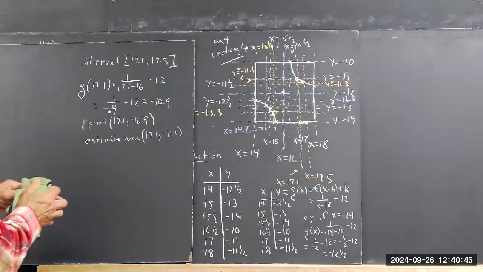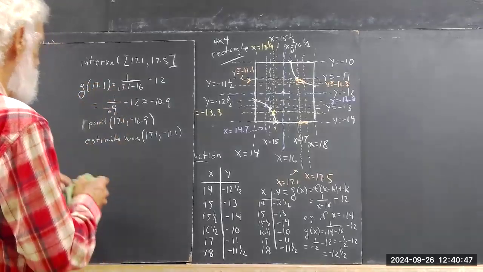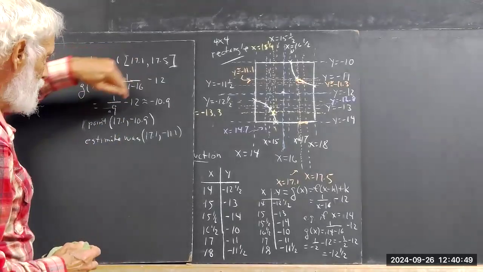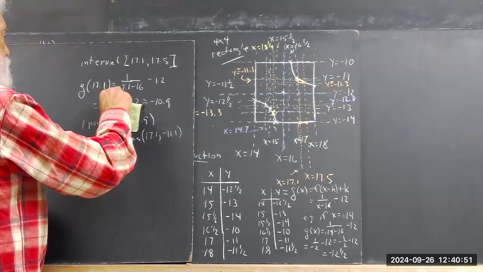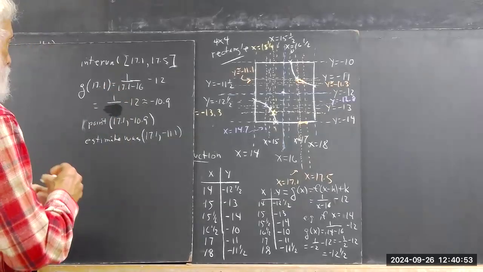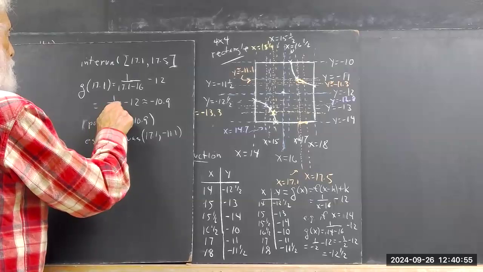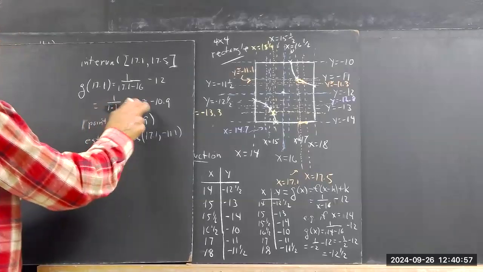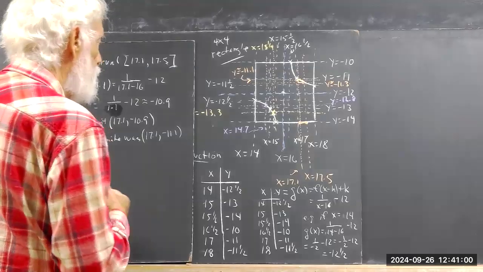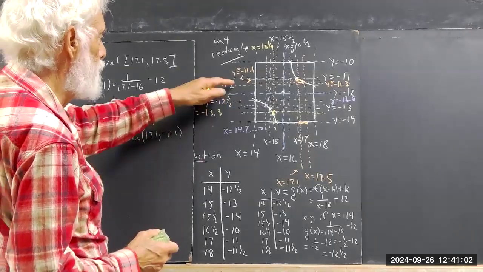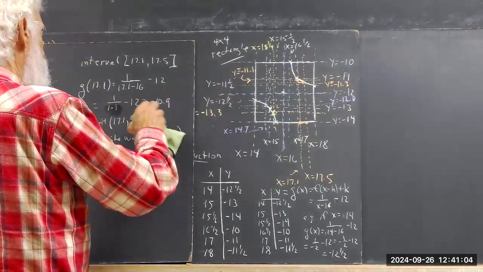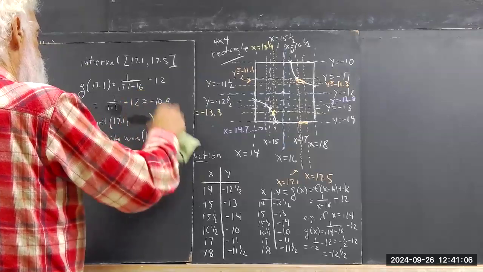I went one step too far. I did the reciprocal of what I was going to get here. 17.1 minus 16 is not 0.9. It's 1.1. And 1.1 minus 12 is negative 11.1, which is exactly what we estimated.